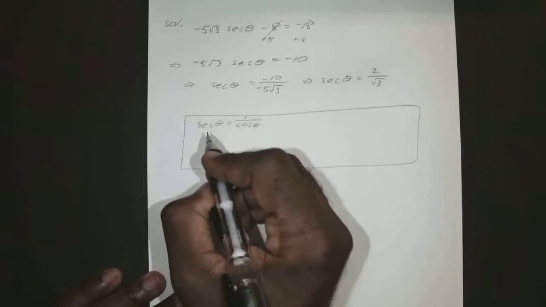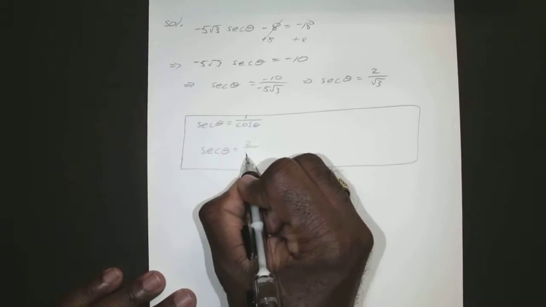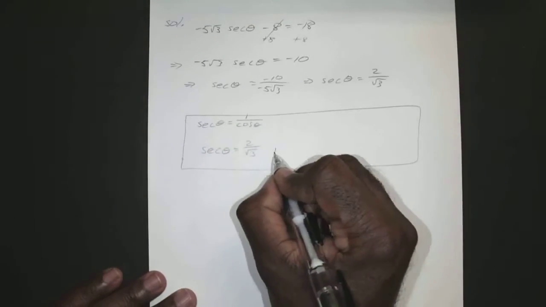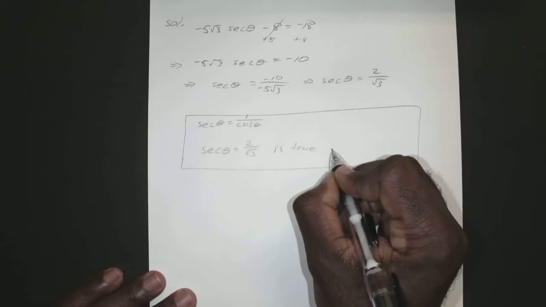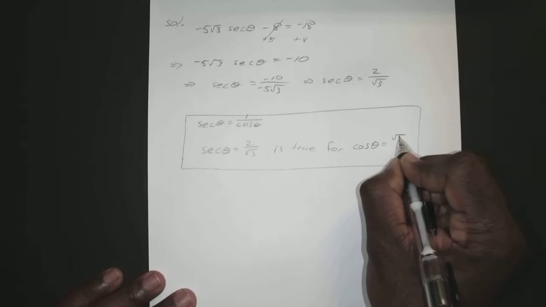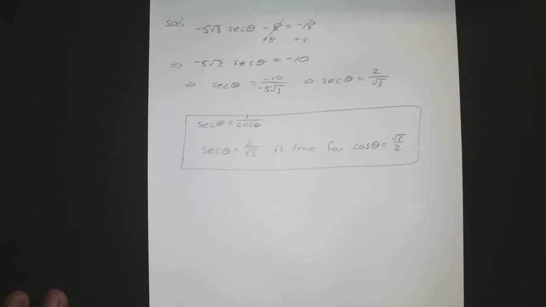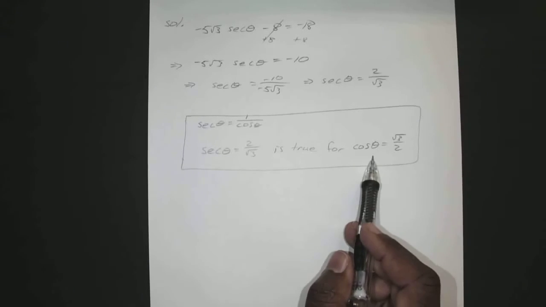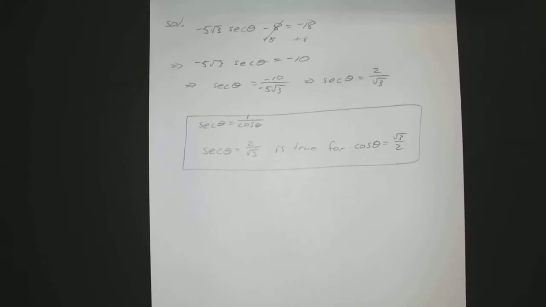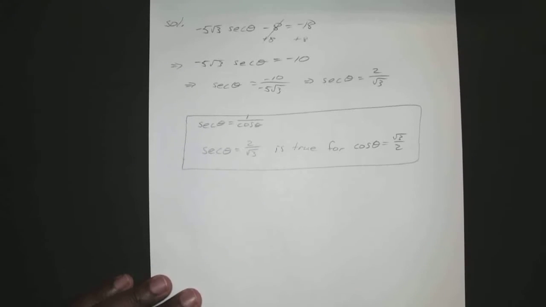So secant of theta equals 2 over square root of 3 would be true for cosine of theta equal to square root of 3 over 2. Both of those will have the same theta. So we know this would be true for theta equals 330 degrees.